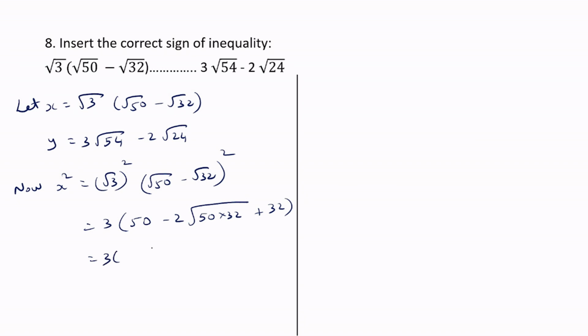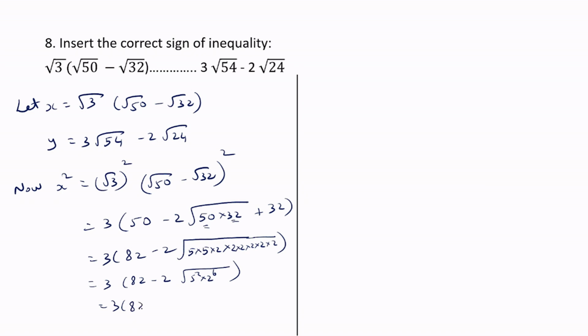So here we have 3 into 50 plus 32 is 82 minus 2 into this, let us factorize and write so that we can take the root. So 50 is 5 square into 2 and 32 is 2 raised to 5. So this is 3 into 82 minus 2 into root of 5 square into 2 raised to 6.